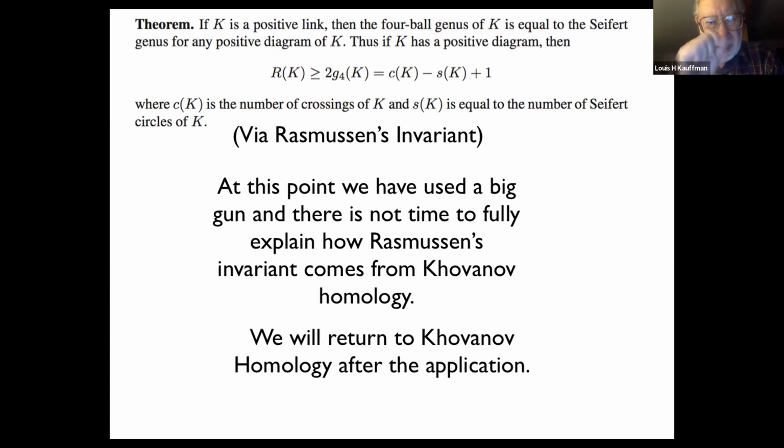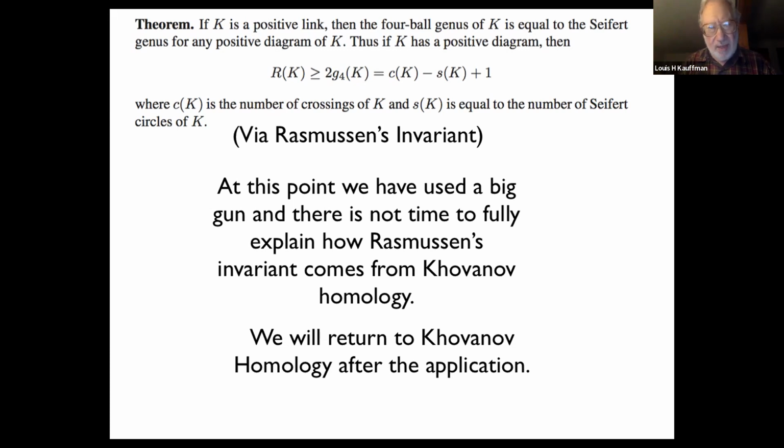We know that the reconnection number is greater than or equal to twice the four-ball genus, because every bit of genus requires two reconnections. Therefore, the reconnection number of a positive link is greater than or equal to C(k) minus S(k) plus 1, the number of crossings minus the number of Seifert circles plus 1.